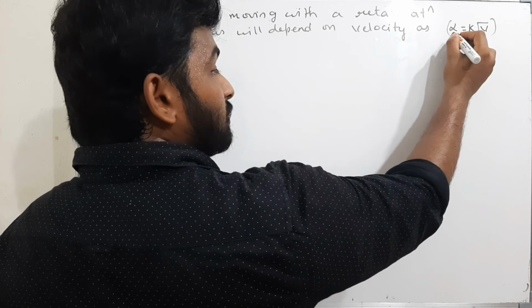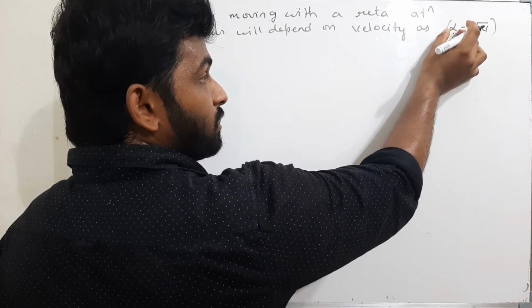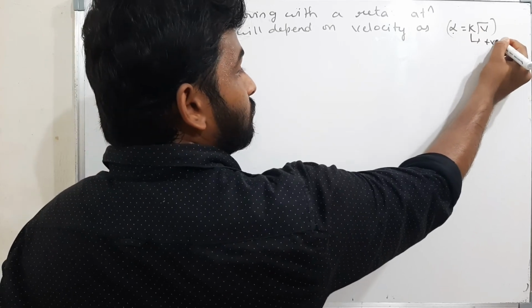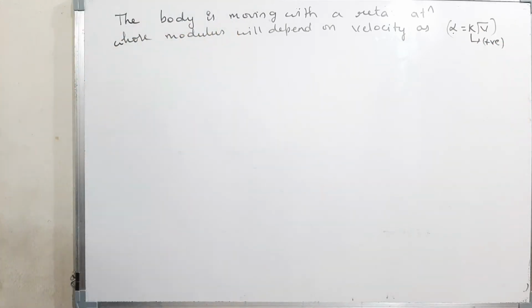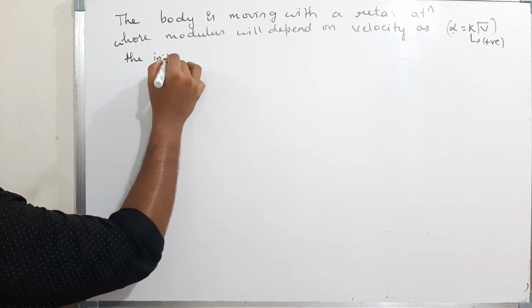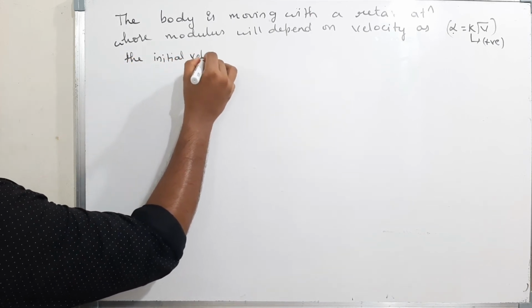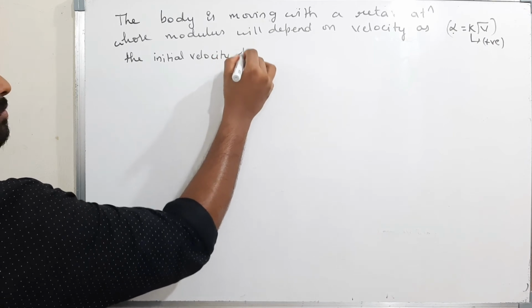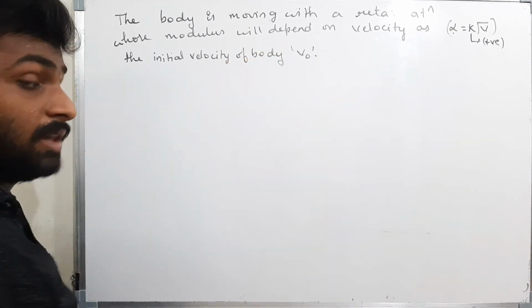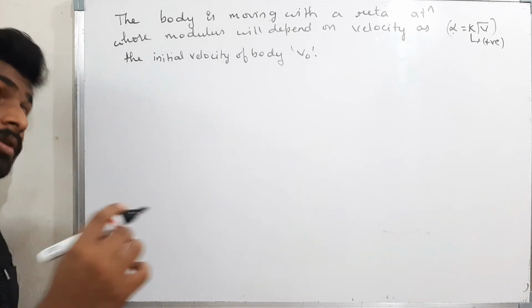Where alpha is retardation, where the modulus of this retardation is equal to k into root v, where k is a positive constant. Now the initial velocity of the body is v naught.